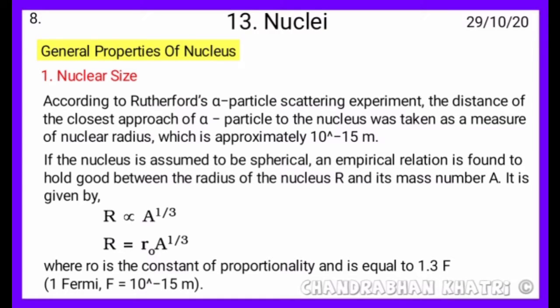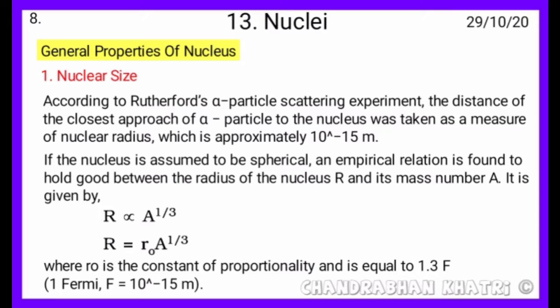General properties of nucleus. First one, nuclear size. According to Rutherford's alpha particle scattering experiment, the distance of the closest approach of alpha particle to the nucleus was taken as a measure of nuclear radius, which is approximately 10 to the power minus 15 meter.